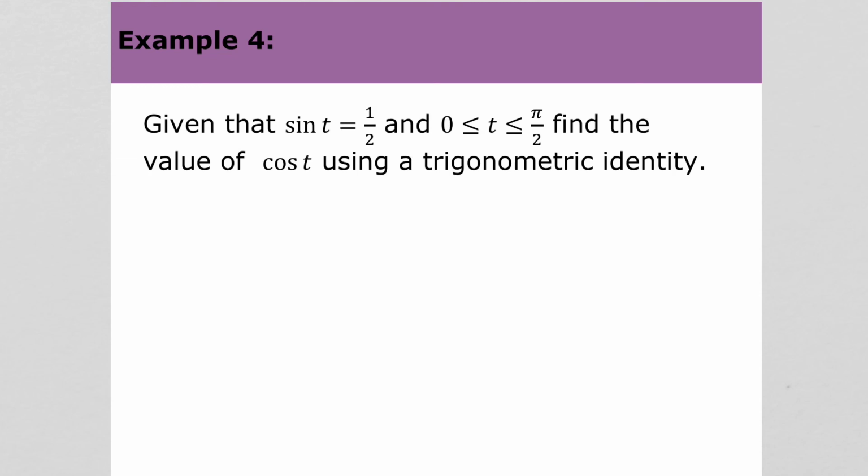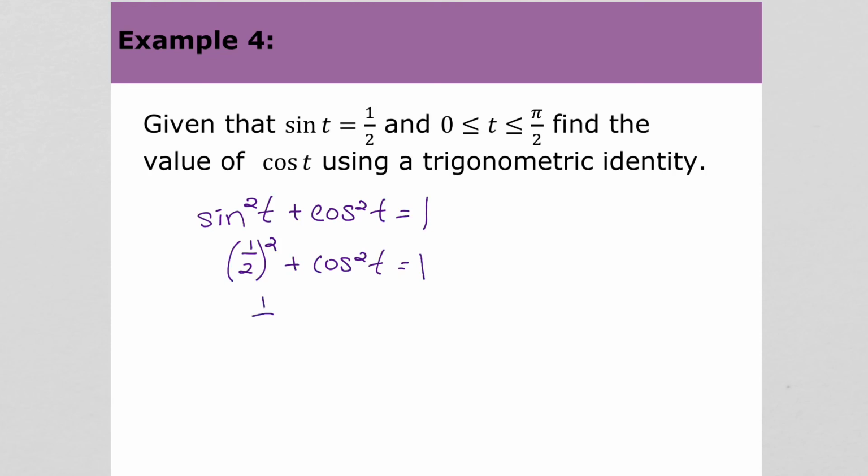So we're going to use a Pythagorean identity, since we've got sine up here. So then obviously we're going to use sine squared plus cosine squared equals 1. So we know that sine is 1/2. So that's 1/2 squared plus cosine squared equals 1. It'll give us 1/4.